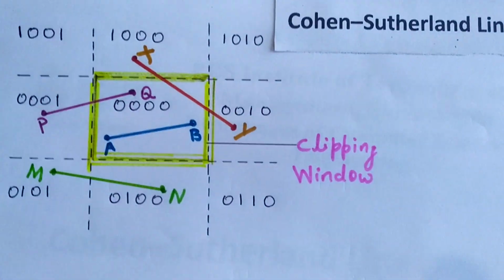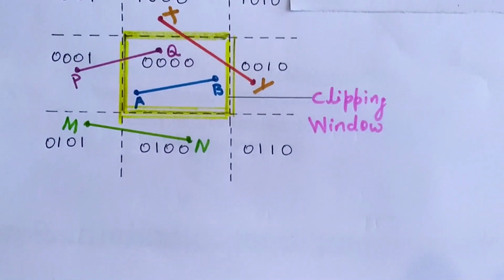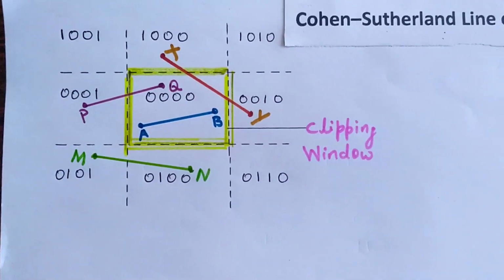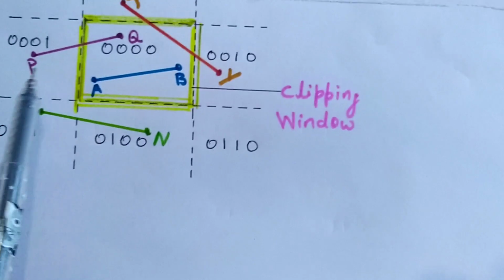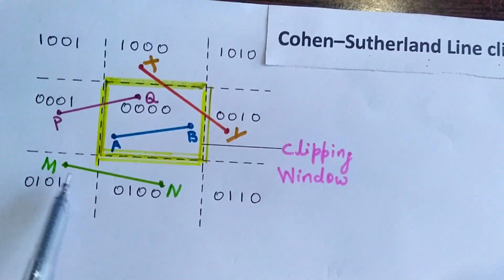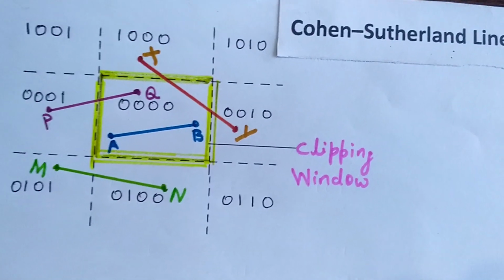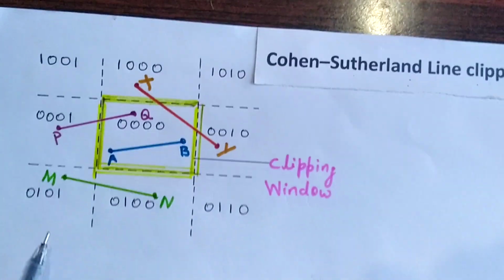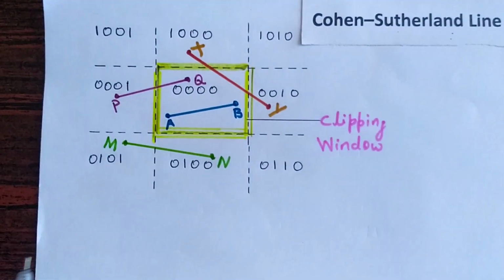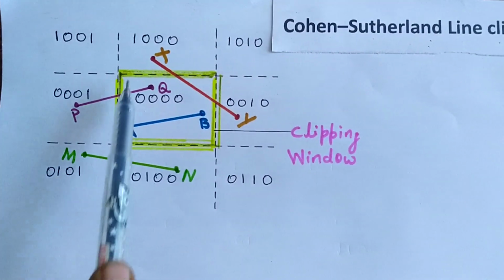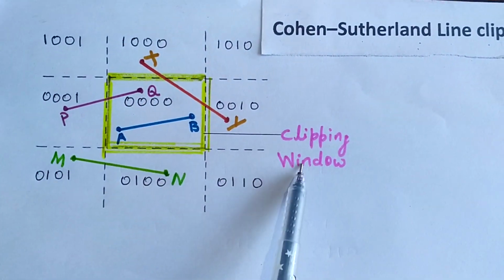In this case, we need to identify some line segments. They are AB, PQ, XY and MN. And we need to observe how the line segments are visible in the XY coordinate. In this XY coordinate, this is called the clipping window, right?